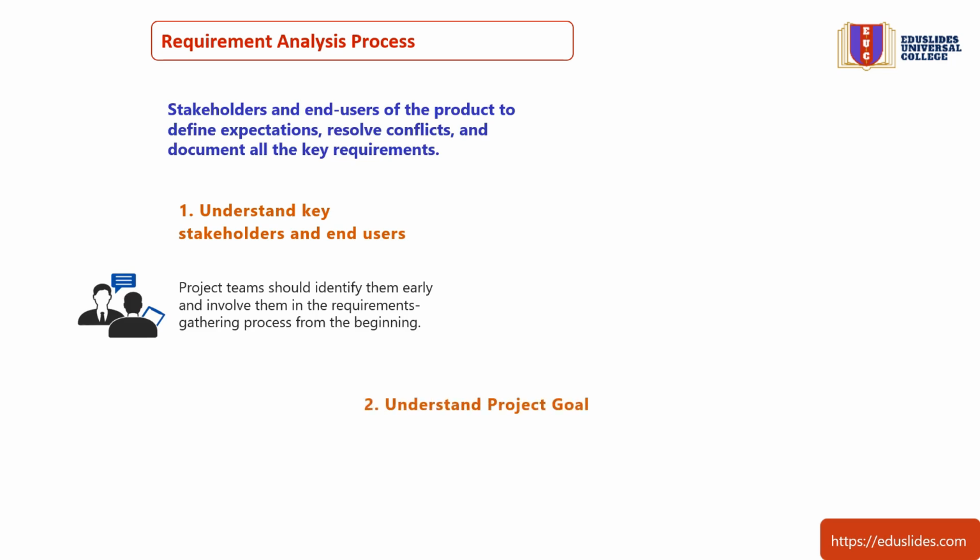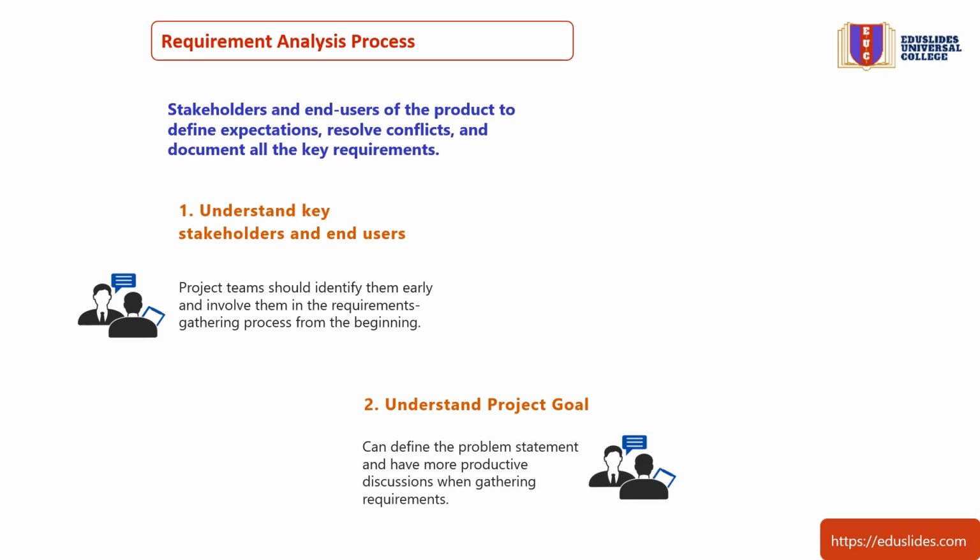Step 2. Understand project goal. To capture all requirements, project teams must first understand the project's objective, for example, what business need drives the project? And likewise, what problem is the product meant to solve? By understanding the desired end, the project team can define the problem statement and have more productive discussions when gathering requirements.